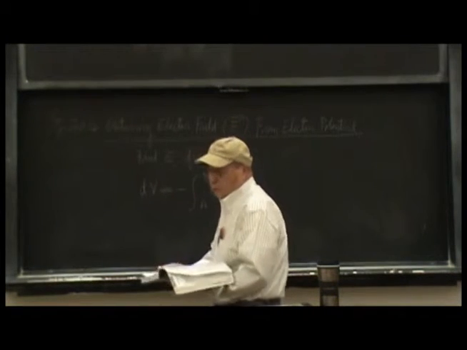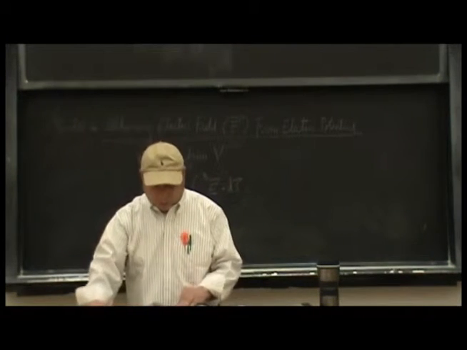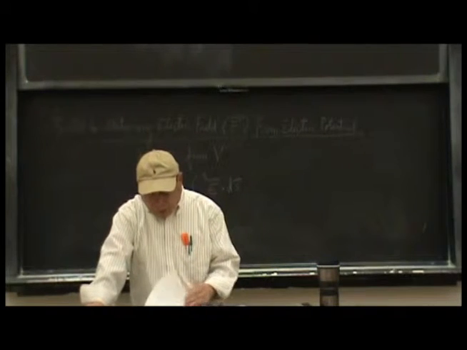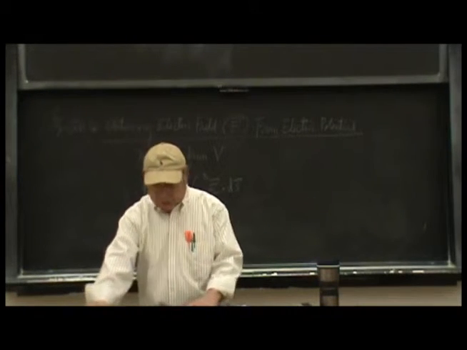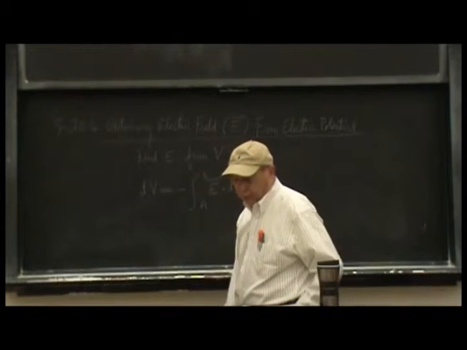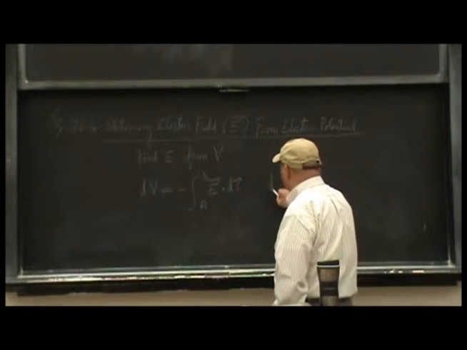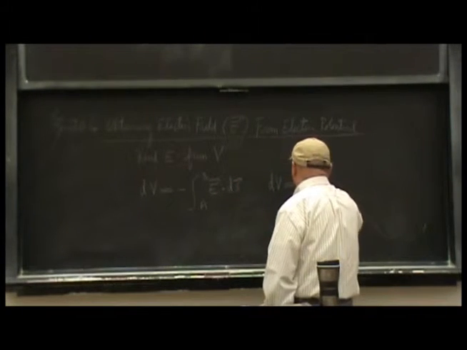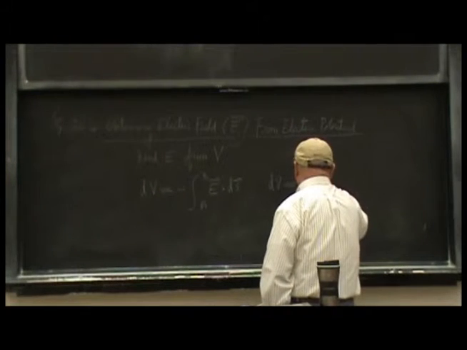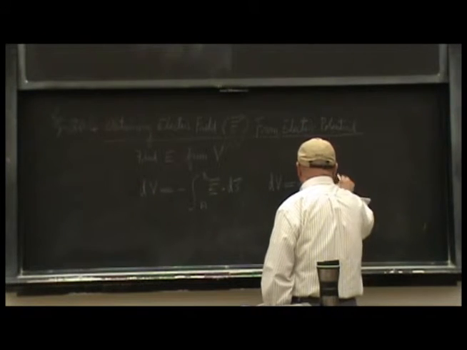Going back to that originally, we can simplify as such: dV is nothing but equal to minus E dot ds.